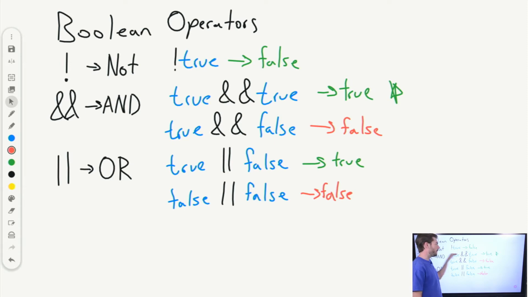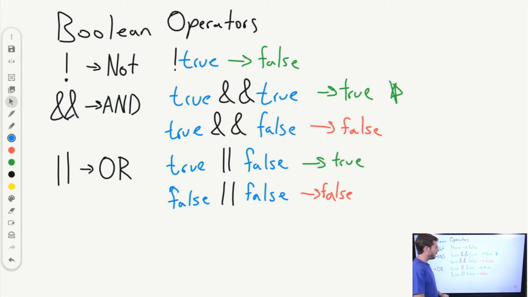And looks for both sides to be true, while or looks for one side to be true. You'll notice that for and, the only case that is true is true, true. And for or, the only case that is false is false, false.